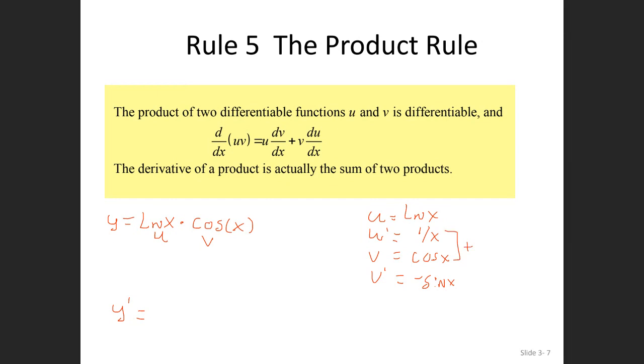Inside plus outside. And I say that to myself over and over again. So cosine of x over x plus, and it doesn't really matter which way you put this, negative sine of x, natural log of x, makes no difference at all. So it sure looks like you both got it correct.